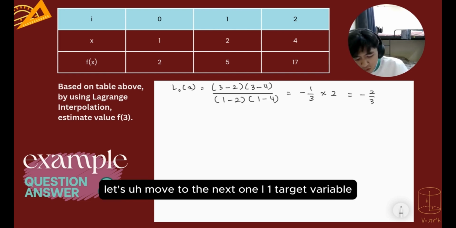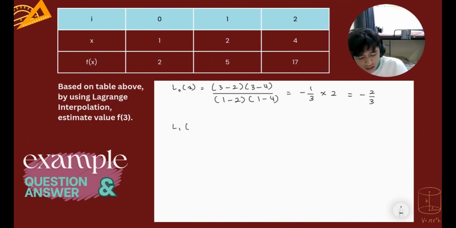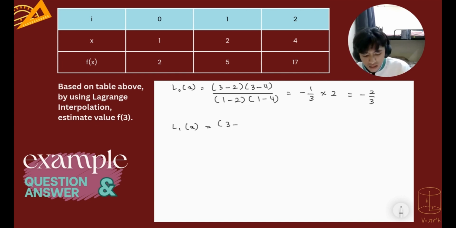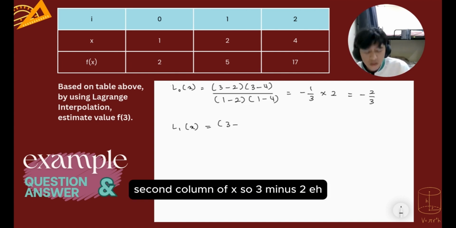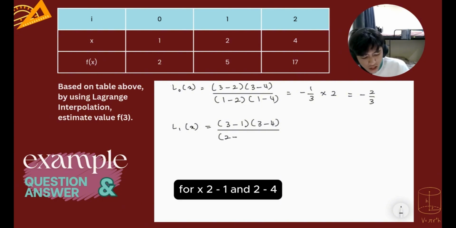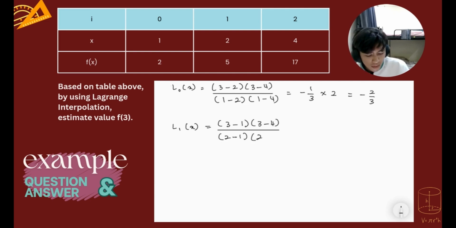Okay, let's move to the next one, L1. For the target variable, 3 will minus all values except the second value of x. So (3 minus 1)(3 minus 4), divided by 2 minus all the other x values: (2 minus 1)(2 minus 4).